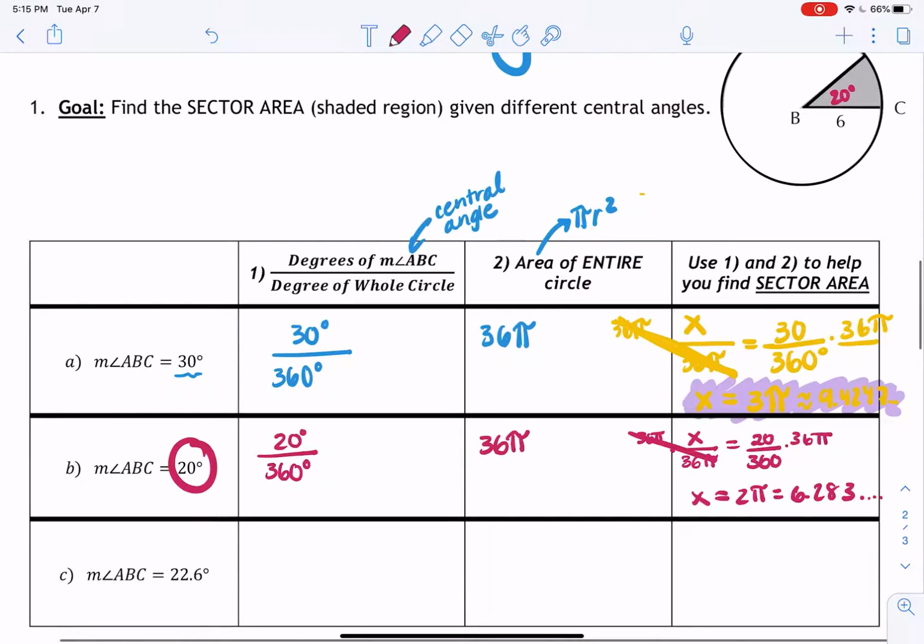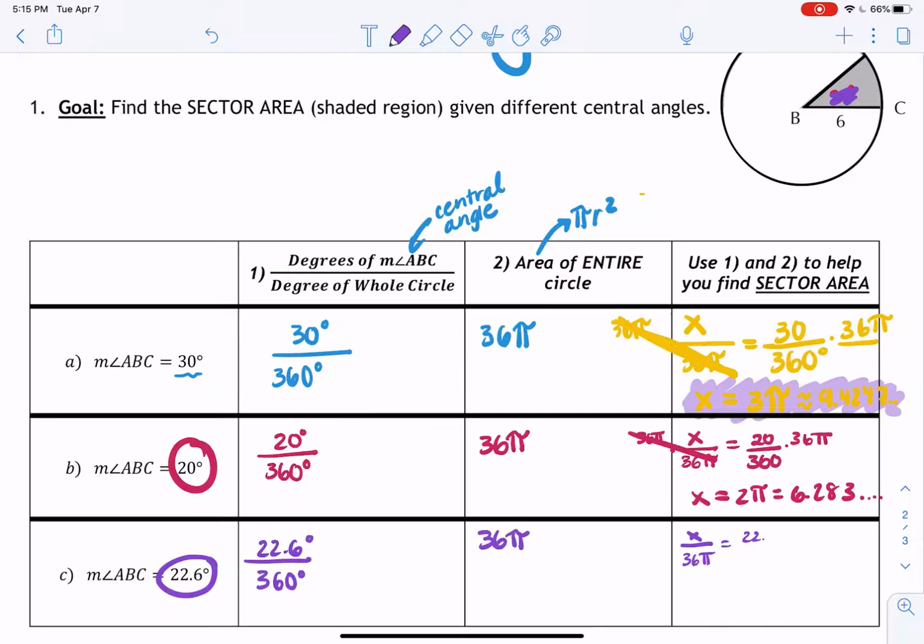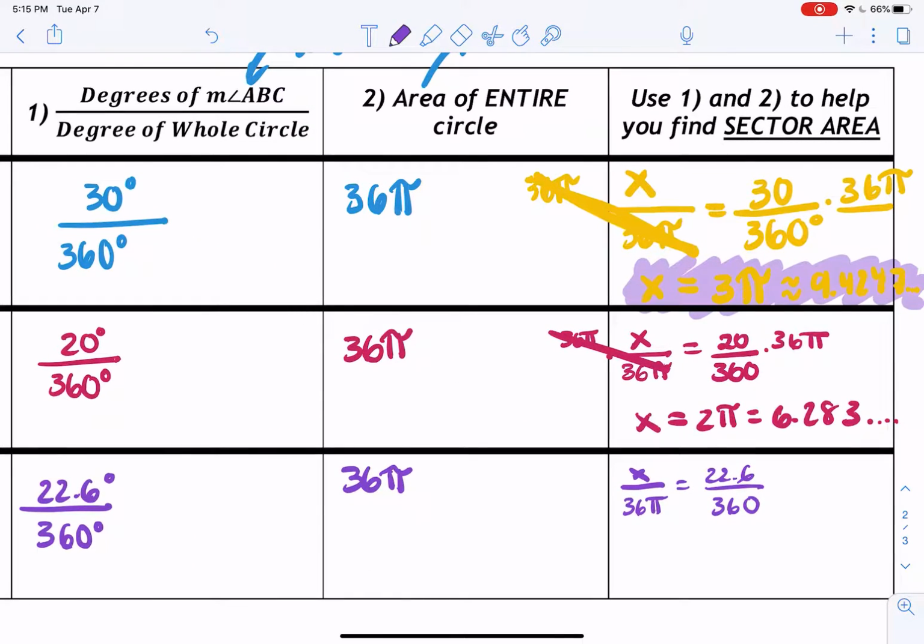And last one. Here, now this is our central angle, so 22.6 degrees over 360. Total area is still 36 pi. Set up our ratio. And again, we undo. So multiply by 36 pi.